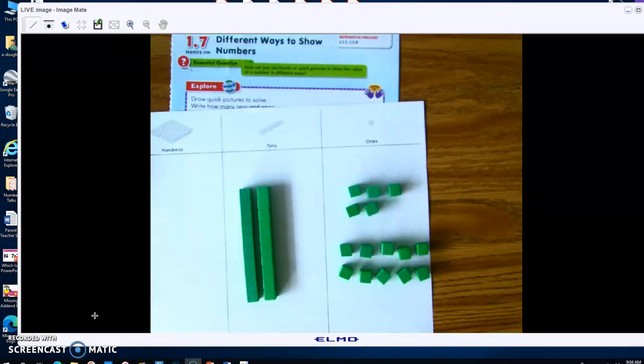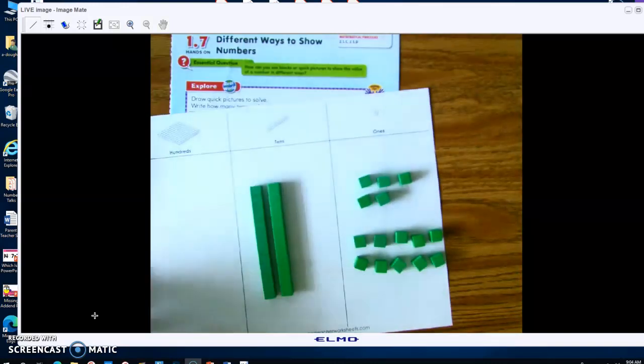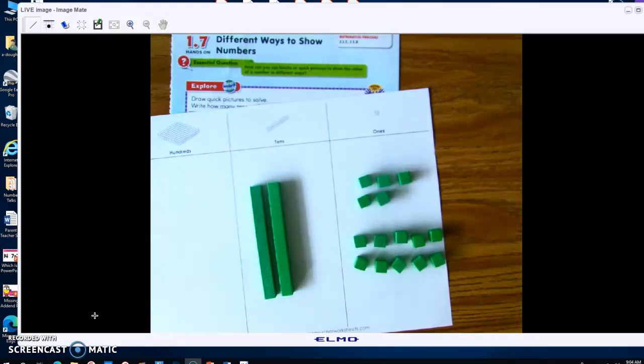Now, does this still show 35? Yes. I'm going to give us a little bit longer to finish this, and we're going to count and make sure it still shows 35. All right, let's count.